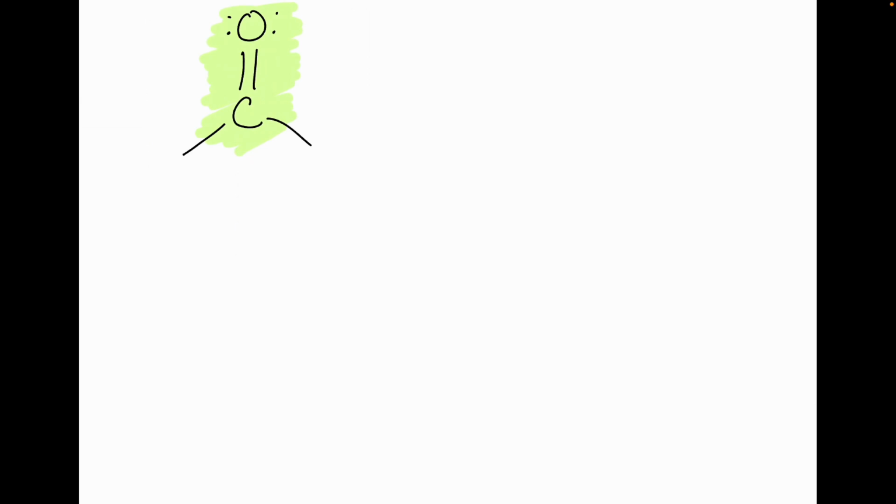This is what's called a carbonyl bond. All right. Yes, you can have carbon double bonded to, say, a nitrogen or a sulfur. You will not see that even close to as frequently as you will see this particular bond right here. It plays kind of an outsized role in organic chemistry as well as biochemistry.